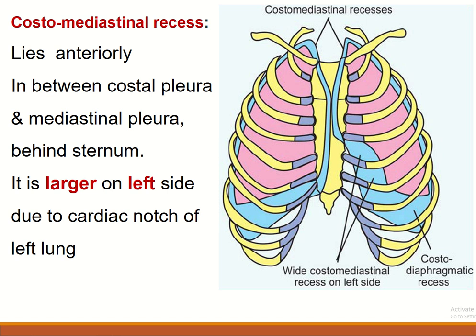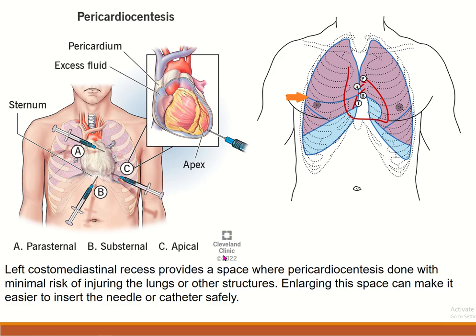The costomediastinal recess lies anteriorly in between the costal pleura and mediastinal pleura, and on the left side it is larger due to the cardiac notch. The left costomediastinal recess provides a space for pericardiocentesis, done with minimal risk of injury to the lungs and other structures.